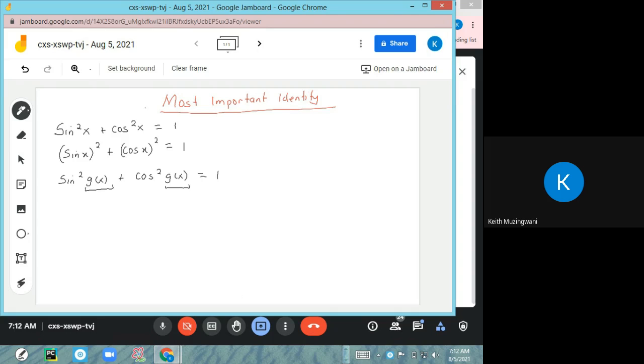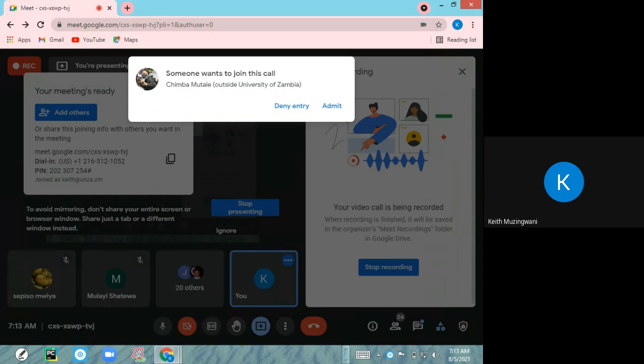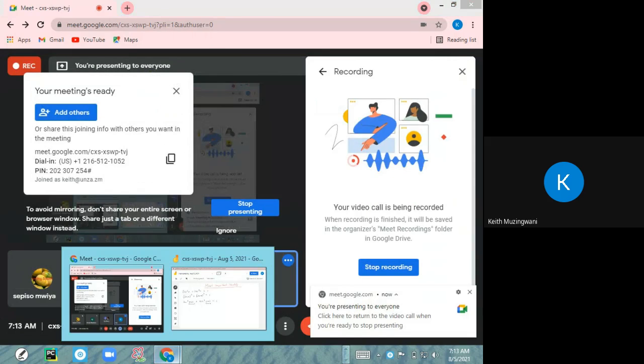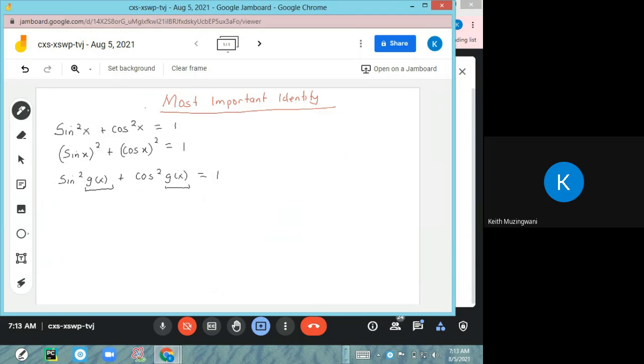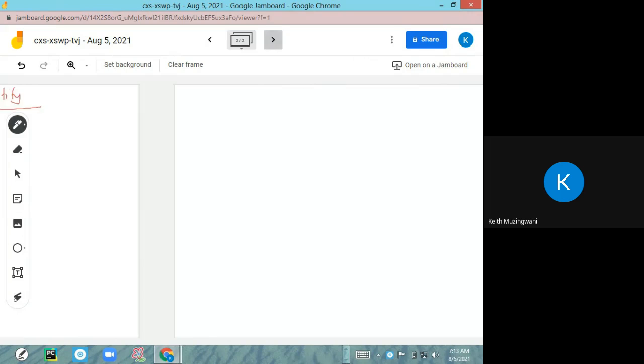So that's the first identity, and we call it the most important identity in this course, in trigonometry, to be specific. Then other identities will follow. Which other identities? We'll talk about compound identities.